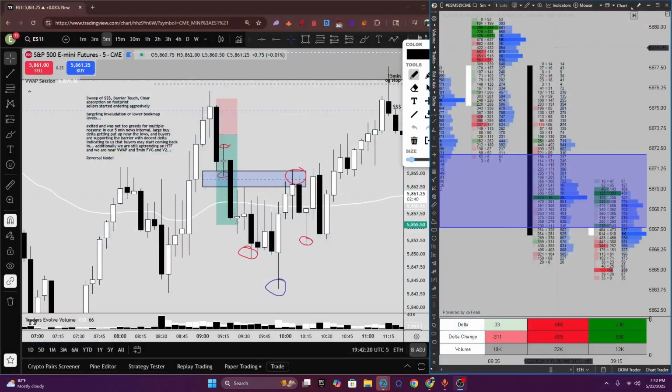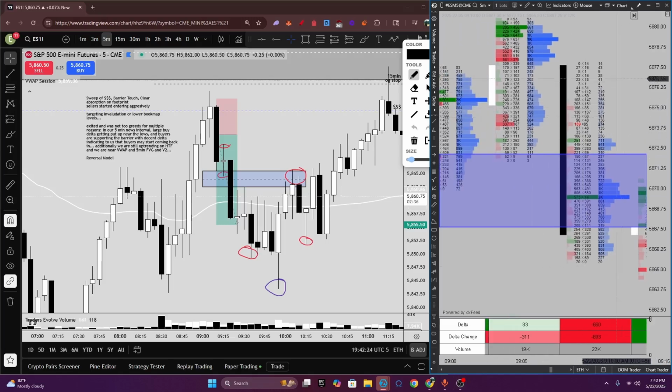What I'm seeing, and why I know that the lower level is going to break, is because buyers and sellers have essentially been in unison throughout this down move, in this candle at least, right? But still, the price is going down. That's showing me that sellers are coming in more aggressively than buyers, even though the delta is pretty in unison.